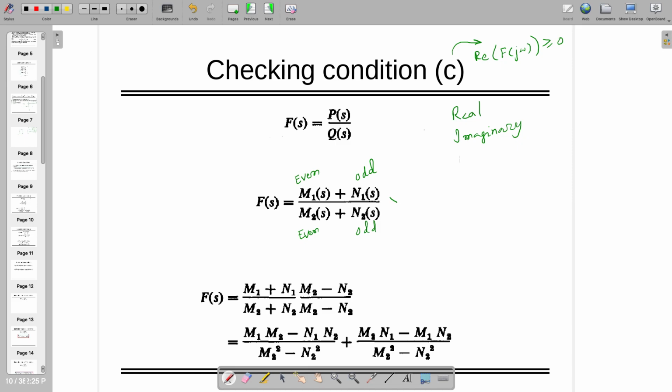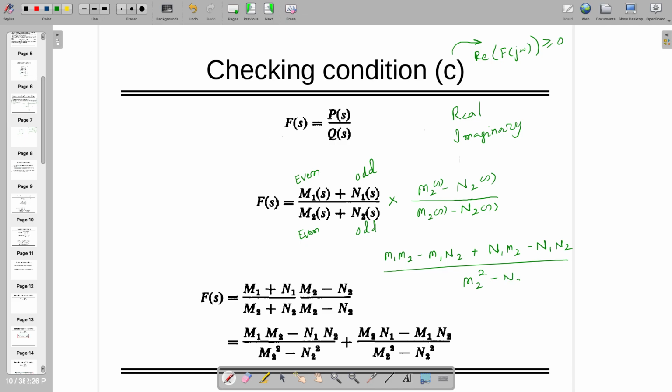For that, what we generally do is multiply with m2 minus n2 and divide by the same. This you must have done. And when you do so, what you get is m1 m2 minus n1 n2 plus n1 m2 minus m1 n2 divided by m2 square minus n2 square.